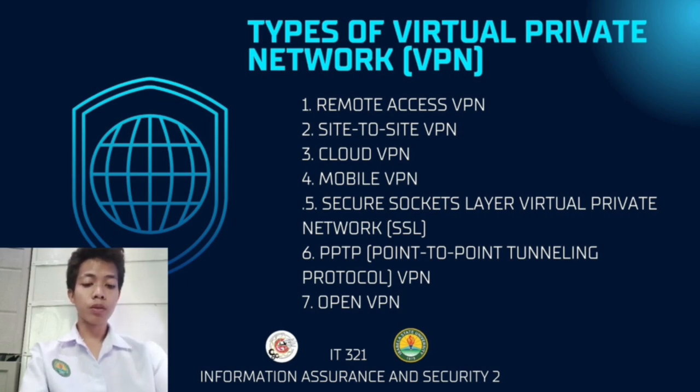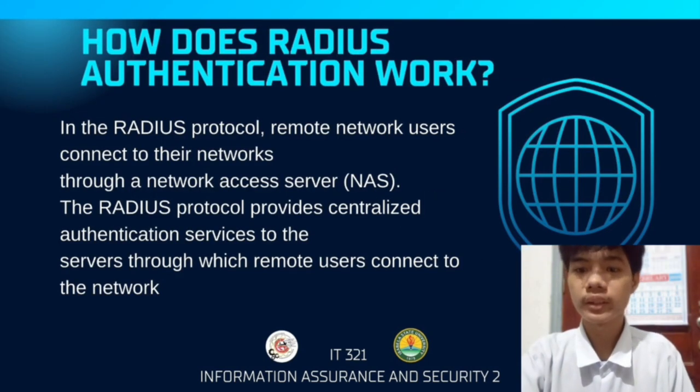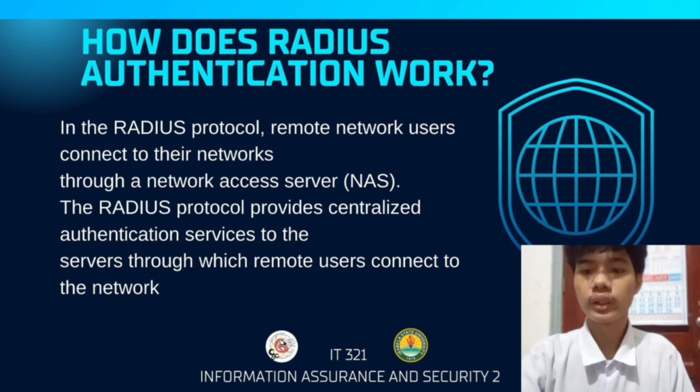OpenVPN is an open source and highly secure VPN protocol that provides a flexible and reliable solution for creating secure connections. RADIUS stands for Remote Authentication Dial-in User Service. Its purpose is a network protocol that provides centralized authentication, authorization, and accounting for users who connect to a network.